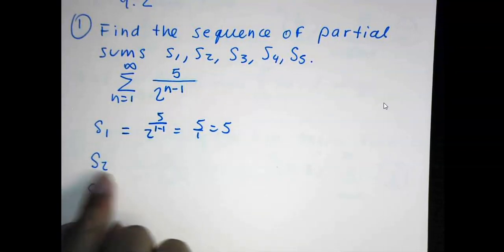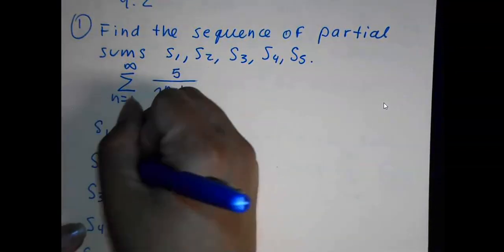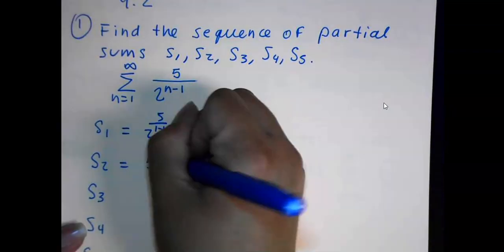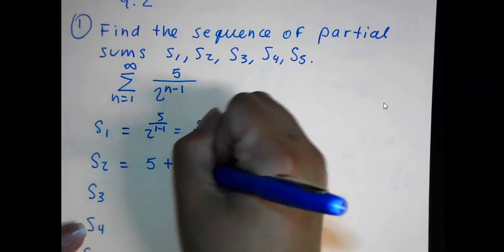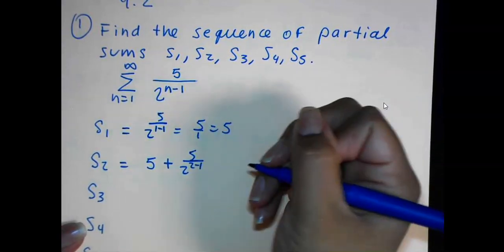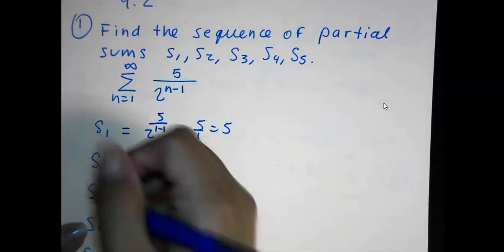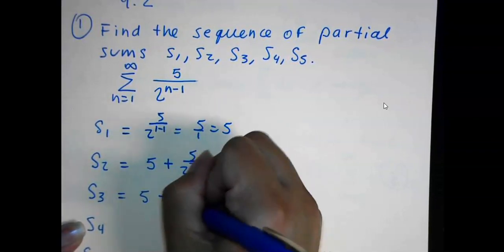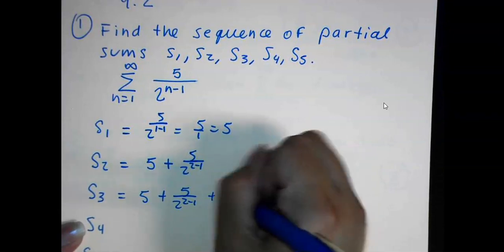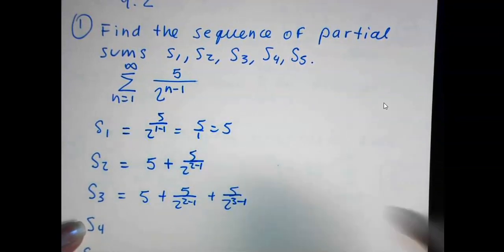For the sum, you're going to use the previous one plus, and I'm going to add a 2. I'm going to put 5 over 2 to the 2 minus 1, and you're going to add it. For the third, you're going to put the first one, the second one, plus the third one.